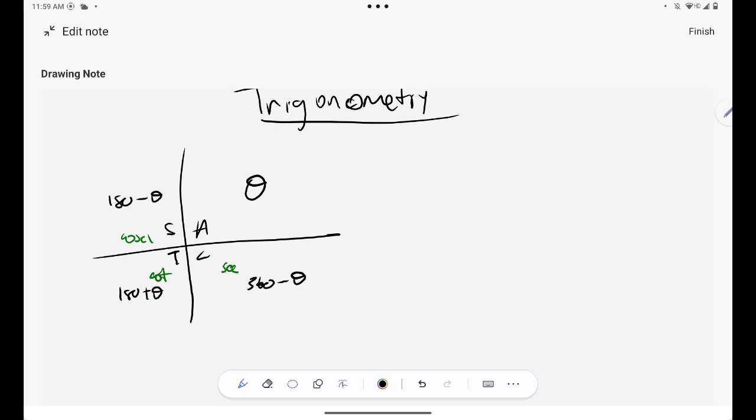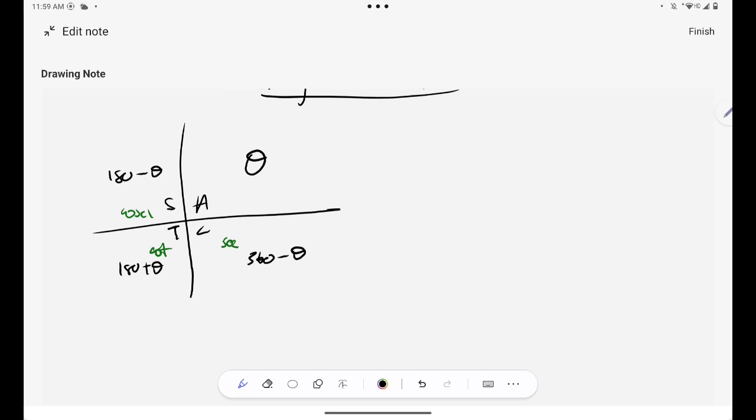If you want more details about the basics of trigonometry, please go and listen to lesson number 28. Then we had things like 90 minus theta, 90 plus theta, minus 90, and then theta minus 90.